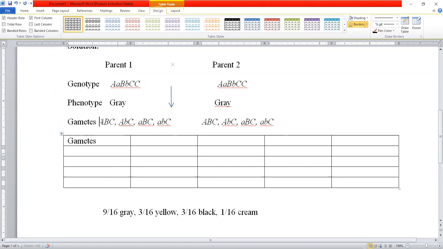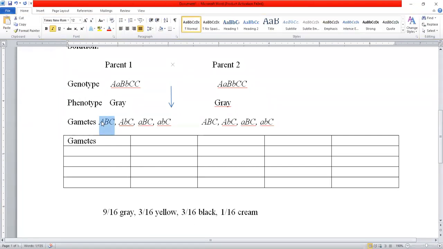For example, similarly the gametes of this parent, write in these rows.